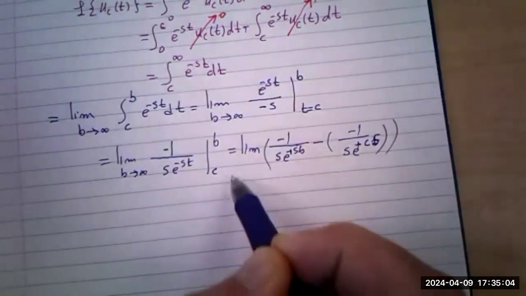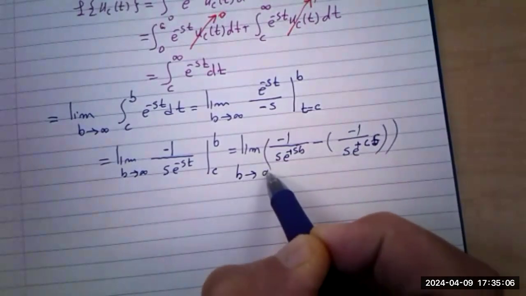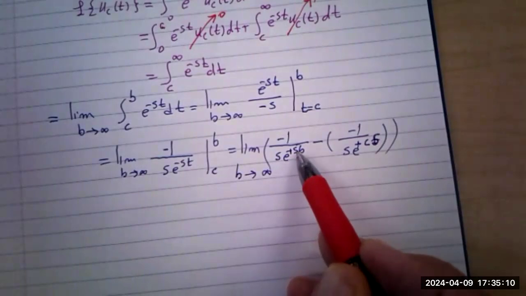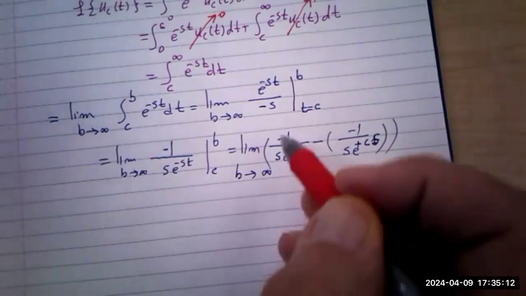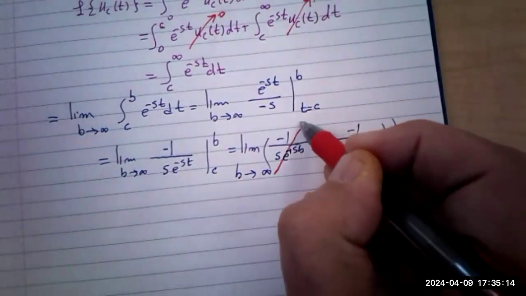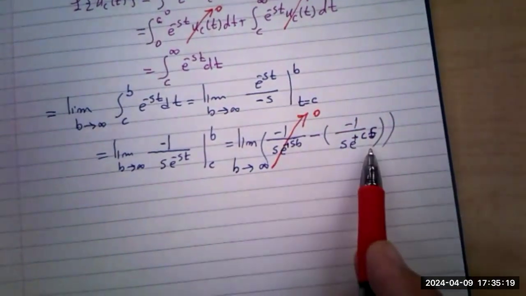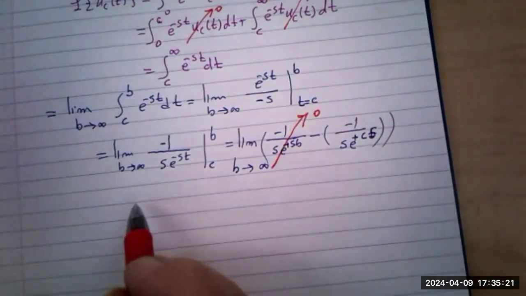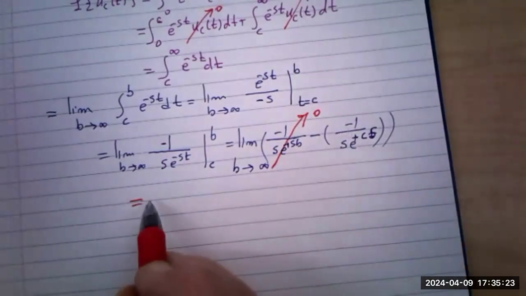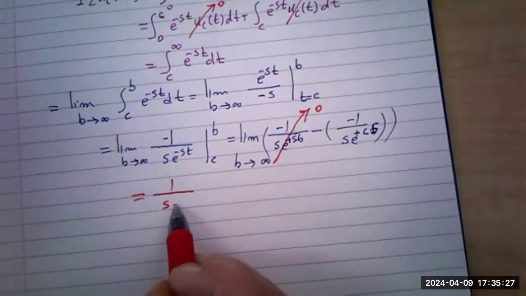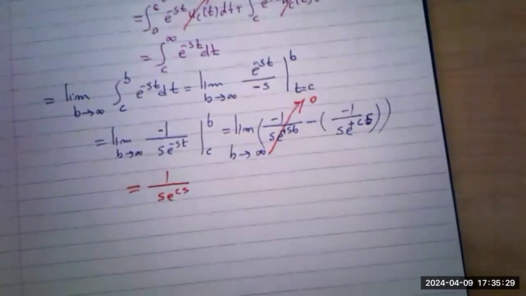Okay, now b goes to positive infinity. When b goes to positive infinity, the denominator would be positive, so this would be 0. In this case, there is no b, so the answer would simply be positive: 1 over s e to the negative cs.